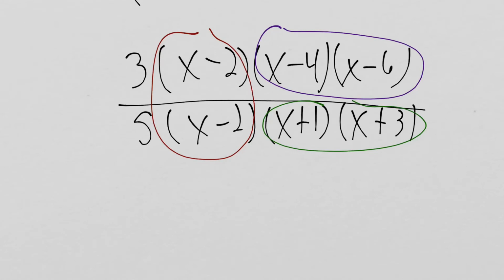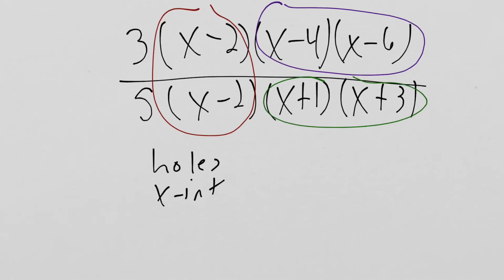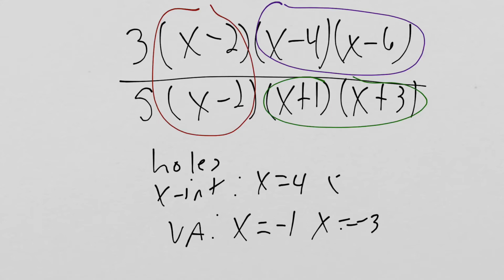And so we can use this to identify our holes, our x-intercepts, and our vertical asymptotes, right? Looks like we have vertical asymptotes at -1 and -3. Okay, we have x-intercepts at x equals 4 and x equals 6. And then we have a hole that happens at x equals 2.